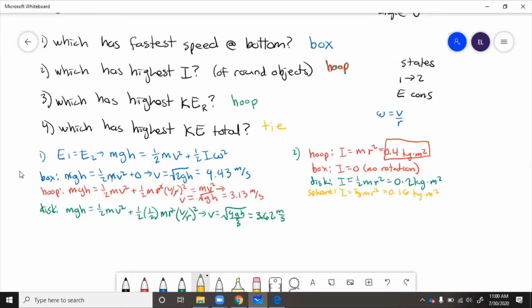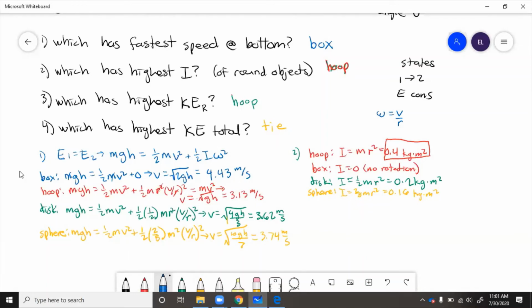Then finally, we look at the sphere. mgh equals 1/2 mv squared plus 1/2 times the moment of inertia, which is 2/5 mr squared, times v over r squared. This simplifies to v equals square root of 10gh over 7, which equals 3.74 meters per second.